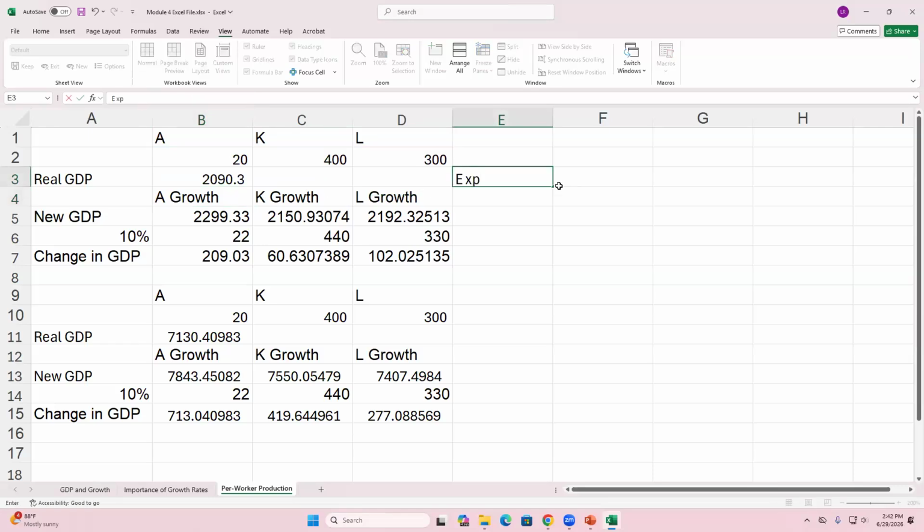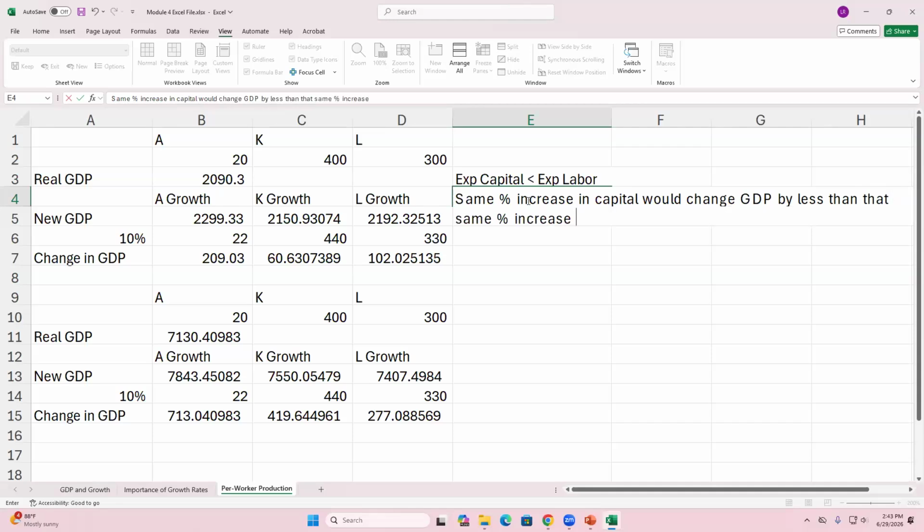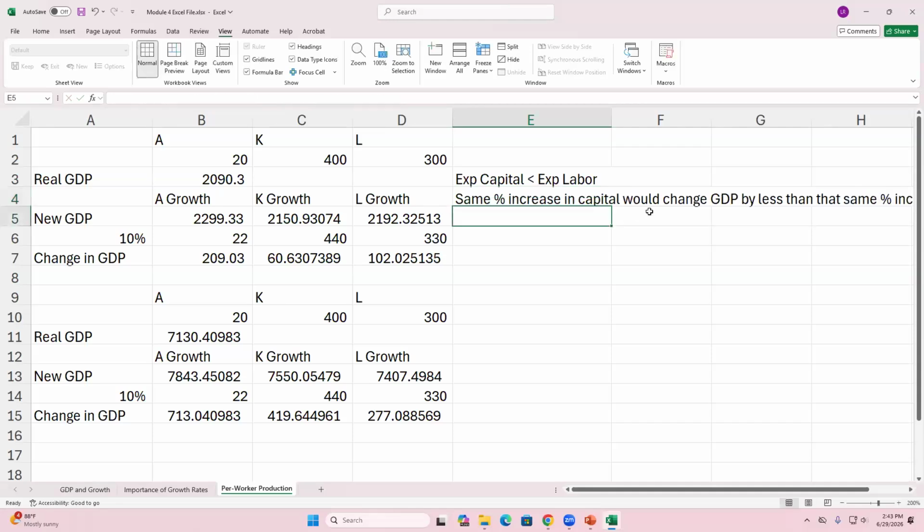So anytime the exponent on capital is less than that exponent on labor, then the same percent increase in capital would change my real GDP by less than that same percent increase in labor. Okay.